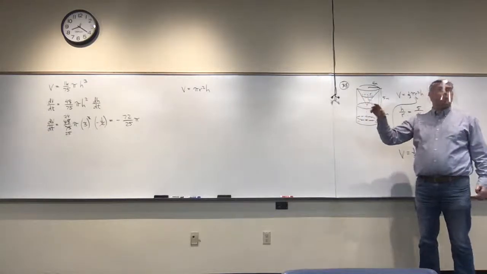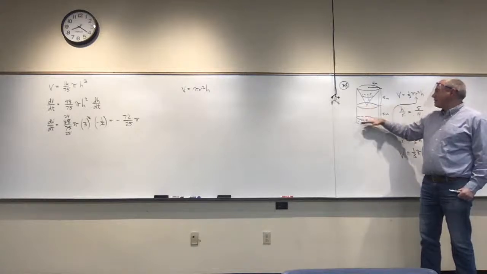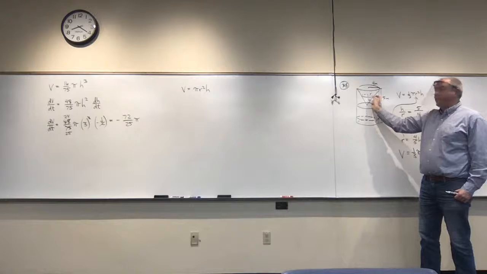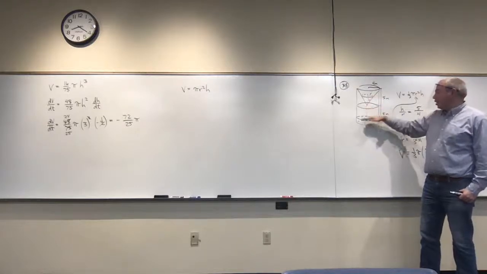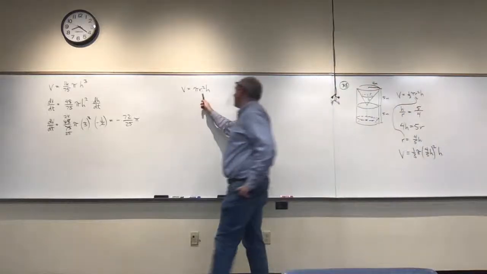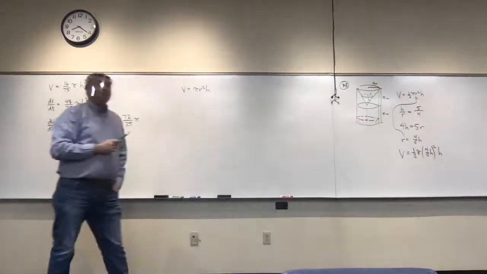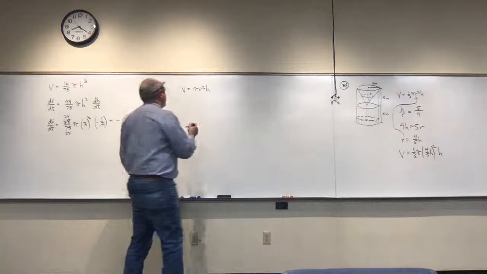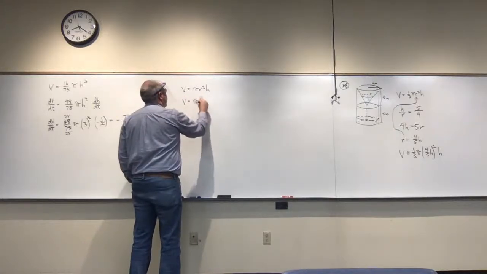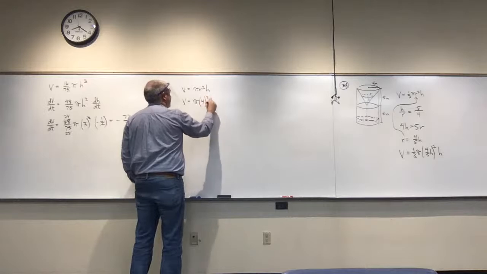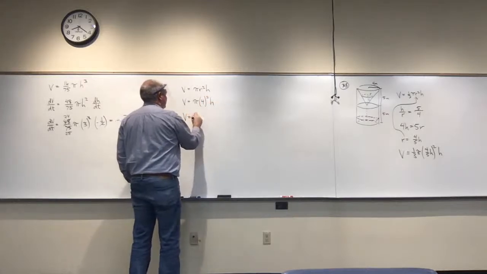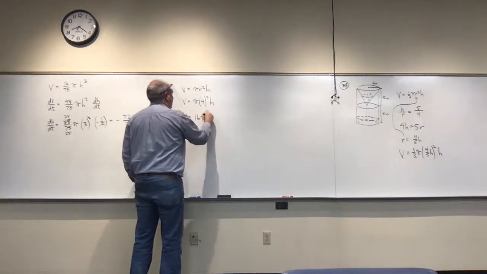It's constant, right? It doesn't matter where I am in this tank. Here it absolutely does. As the water goes down, the radius changes. Here, as the water goes up and down, the radius stays the same. So r, in this case, is always going to be 4. So I can plug that in. So I get that V is equal to pi times 4 squared times h, or if you like, V is equal to 16 pi h.